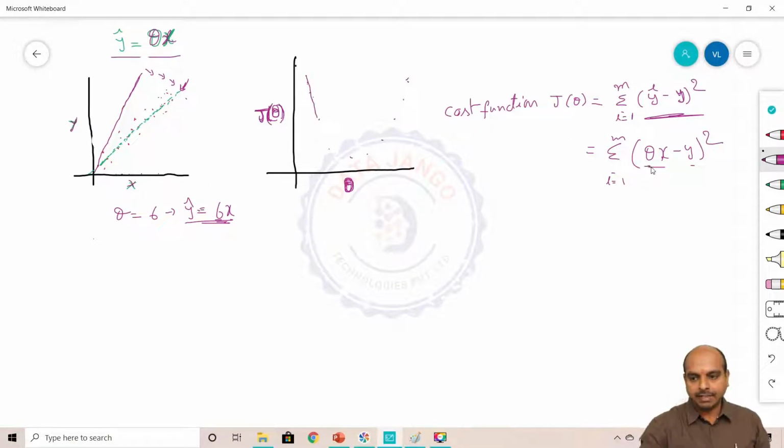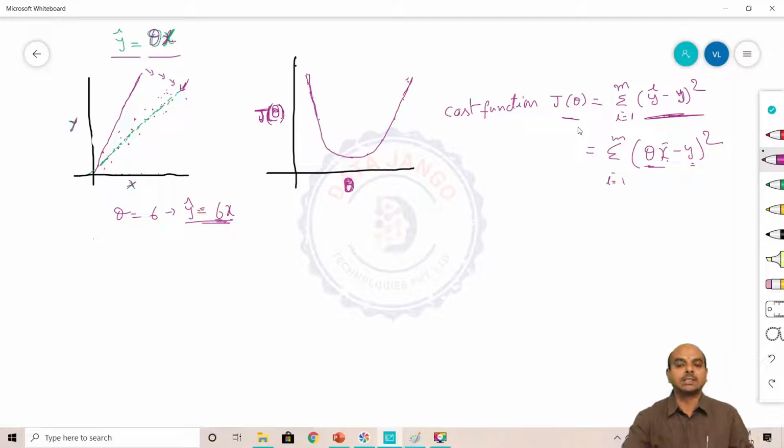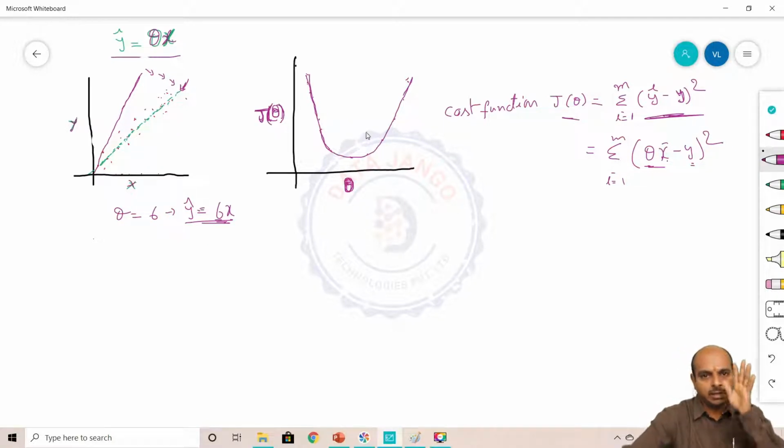We are taking different thetas, we know x, we know y, we are substituting those values into this, and then plotting this graph. When you plot this graph, it's going to be a parabola, because this is actually an x square formula, right? The second degree polynomial is going to be a parabola. Sometimes it is strictly a parabola, sometimes a bit here and there, but it's going to be a parabola, right? So we have got a parabola.